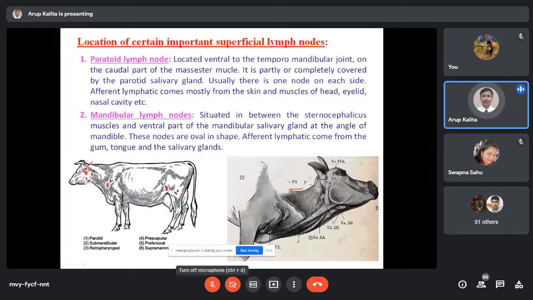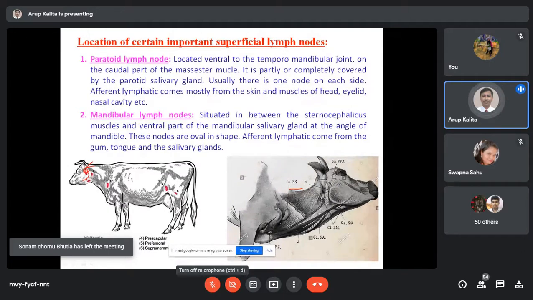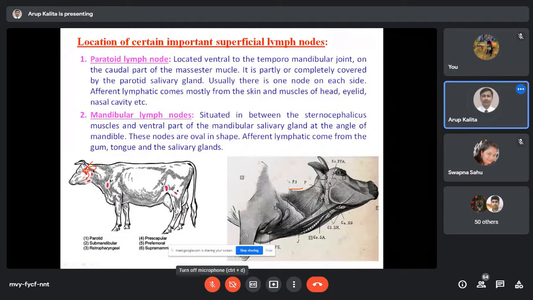I will show you this position in the practical class. This is the base of the horn, then this is caudal, and the mandible is like this. At the mandibular junction, with the ear like this, here in this position you will get the parotid lymph node.